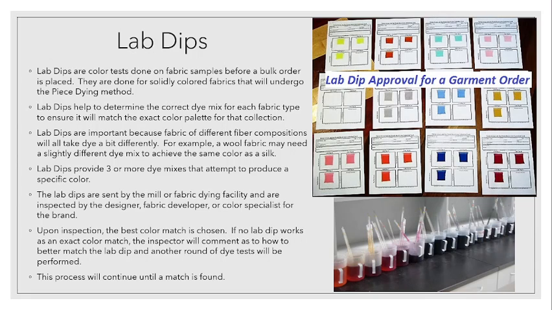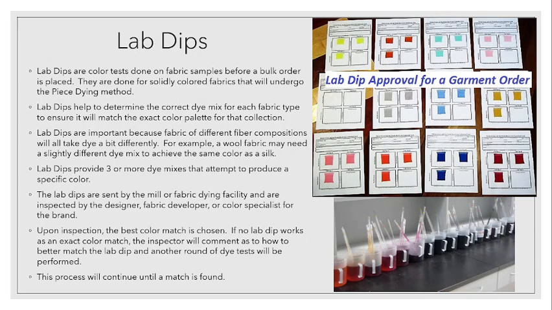Then the mill will create a small sample yardage. We'll talk about that more in the next section. Then, once everything has been squared away, a bulk order is placed. That is the largest amount of fabric that will be ordered for that type of fabric, and that bulk order will go to produce the product or garments intended by the designer.